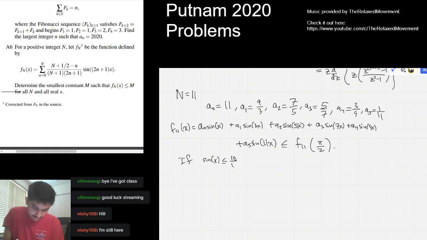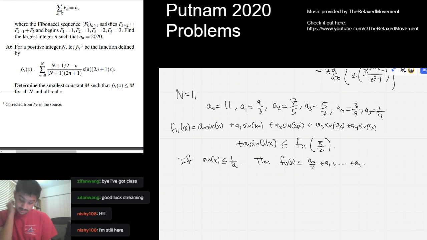Let's just be extreme and say sine of x is less than or equal to 1/2. Then f11 of x is bounded above by a0/2 plus a1 plus a5. Also, this is not f11, this is f5. This is n equals 5.